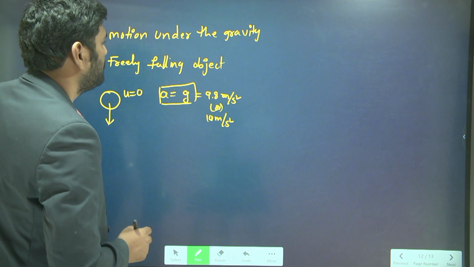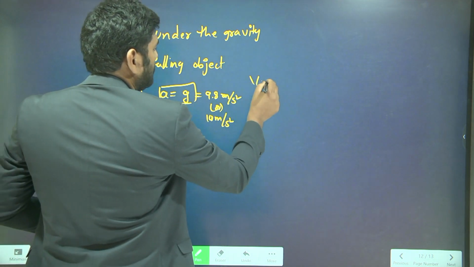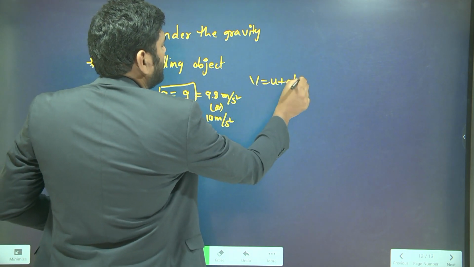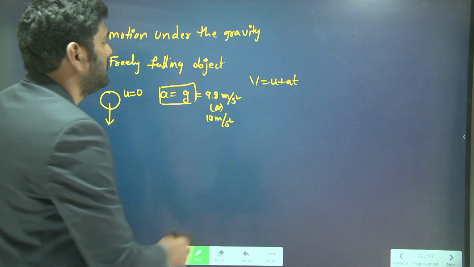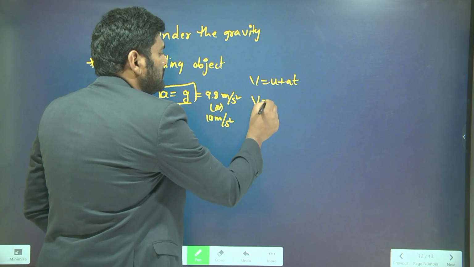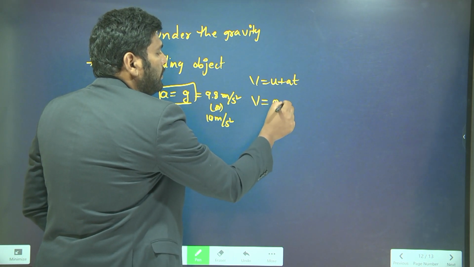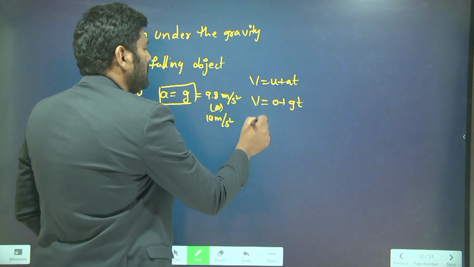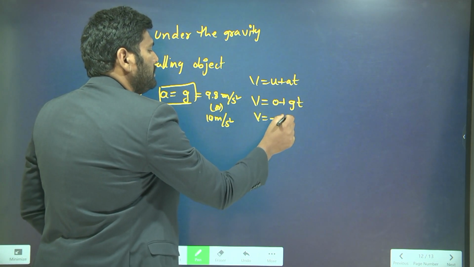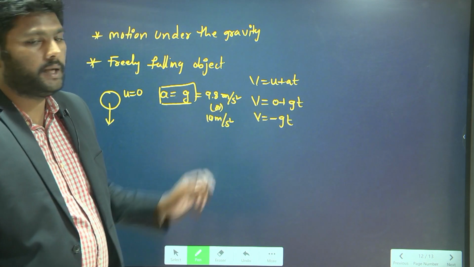For the first equation, you know v is equal to u plus at. This will change as v is equal to 0 plus g into t. Am I right? So here v is equal to minus g into t. What is this minus indicating?